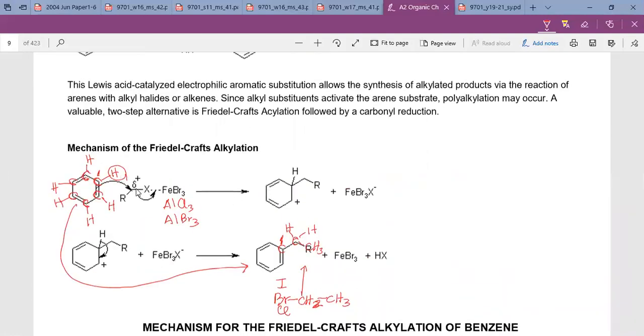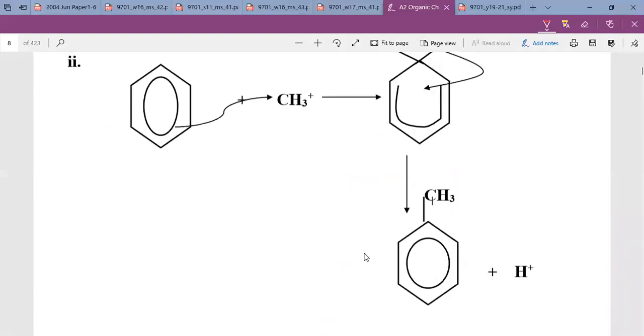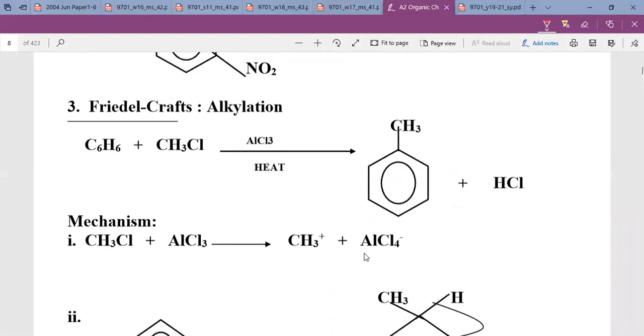Of course, in this case you can see the steps. This is not very good, but you can see here, alkylation. This is the equation. If you have Cl here, I want to substitute a CH3 here, so I need a CH3 plus halogen. This is being carried away by the carrier.